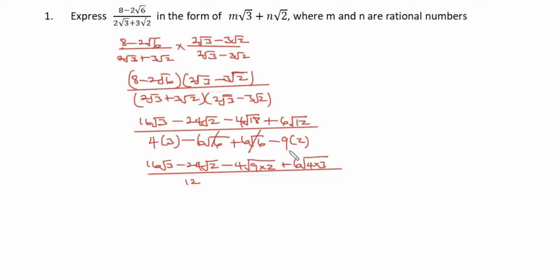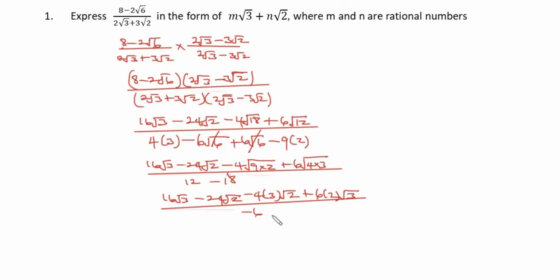So we have minus 9 times 2, so we have here now 16√3 minus 24√2 minus 4 times (the square root of 9 is 3, so bring out 3, multiplied by 4, and we keep √2 because 2 is not a perfect square) plus 6 times (the square root of 4 is 2, we bring 2 out, and write with √3 because 3 is not a perfect square). So write this all upon 12 minus 18, which is minus 6.